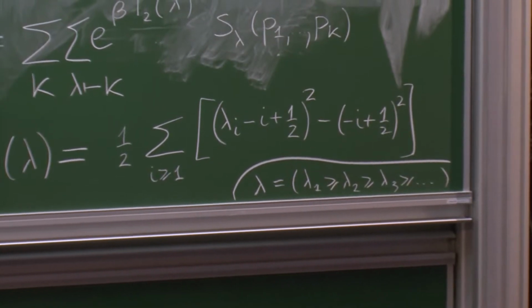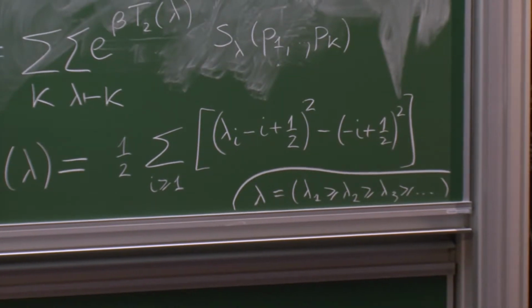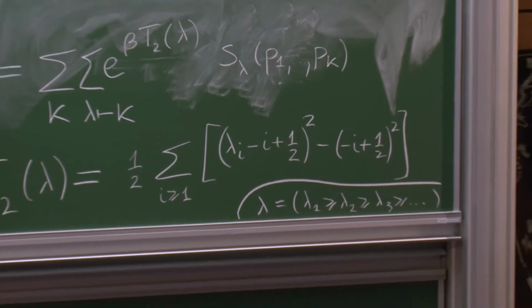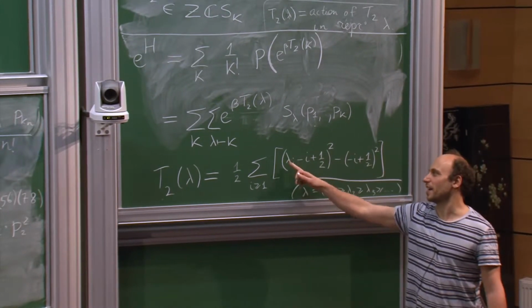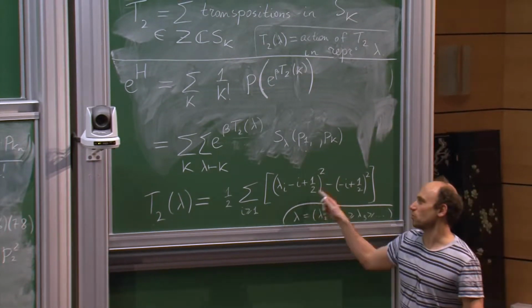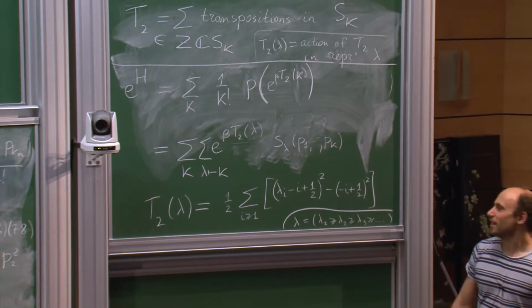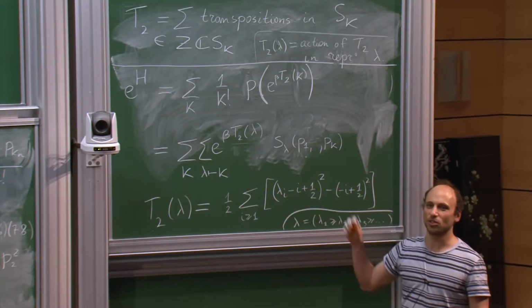So when I have a partition, I represent it by a decreasing, or non-increasing, sequence of its elements. Then I make this small shift. Instead of every lambda i I write lambda i minus i plus 1/2, so that this sequence is now strictly decreasing. And this is more or less a renormalized sum of squares of these shifted coordinates.